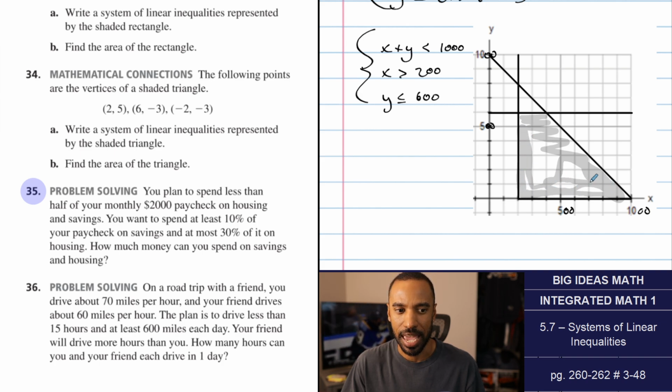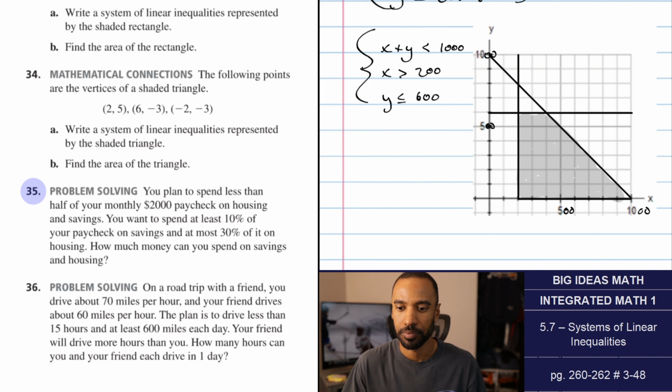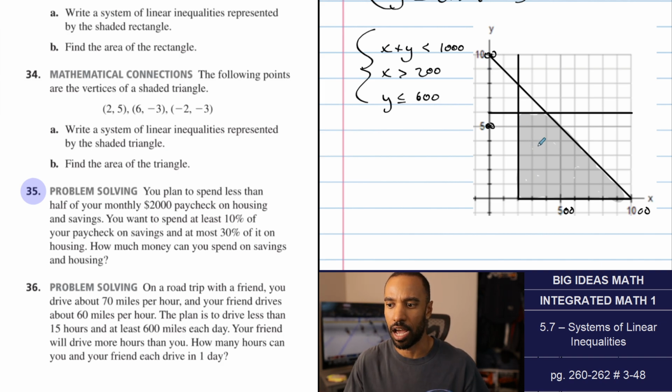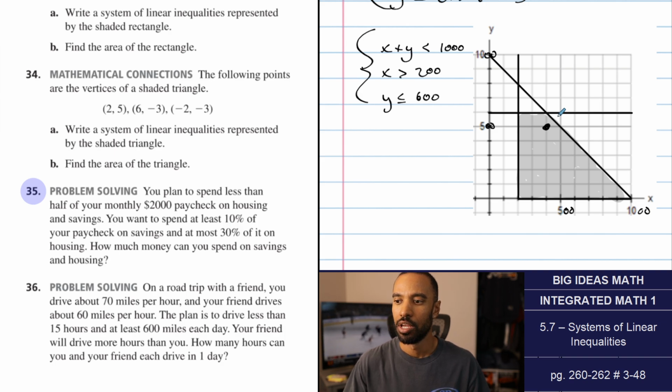When it says how much can you spend, I think it's open-ended from here. So I can make a choice of anything within here and I'll be good. Normally they call it thought-provoking or open-ended. It's interesting they say problem-solving because now it's my choice at what I can do. So I could do, for example, and I want to spend upwards to bigger amounts here, $400 here and $500 here.